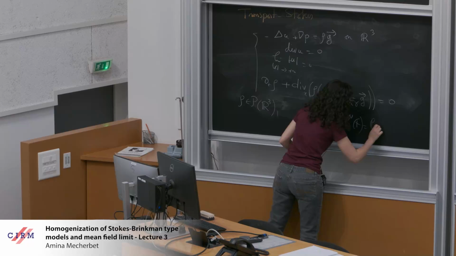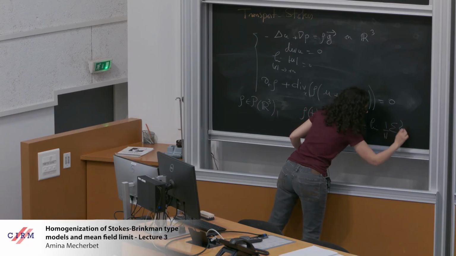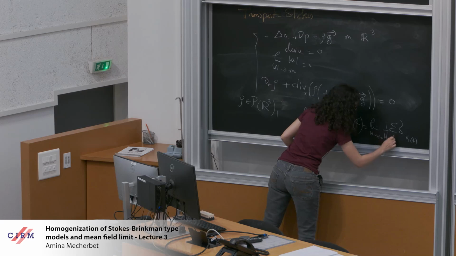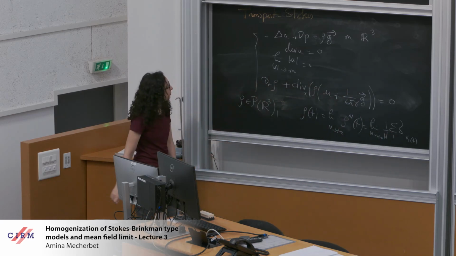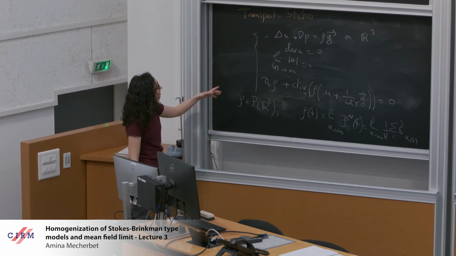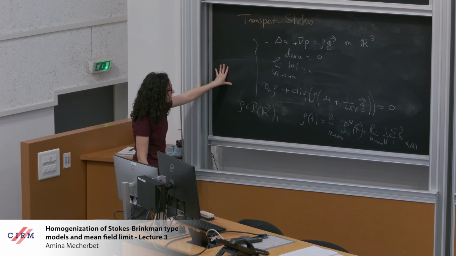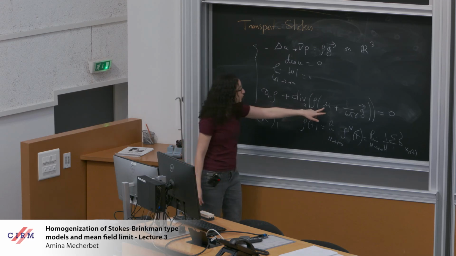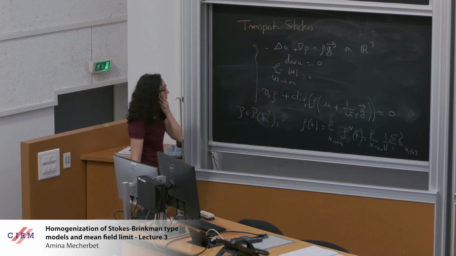We want to prove that this guy converges at each time to this problem. Actually, you can think of this transport Stokes equation as a non-local, non-linear transport equation using the fundamental solution of the Stokes equation.